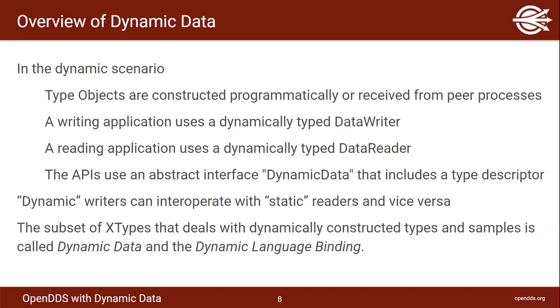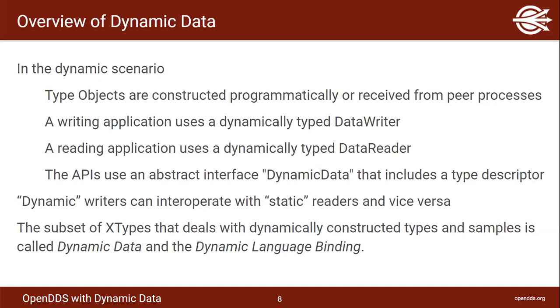The API that you're going to use has an abstract interface called dynamic data that includes the type descriptor. So you would programmatically build up the type first, then instantiate the data writer or data reader. If you're on the data writer side, you would then create a dynamic data object that's based on the type that you created.